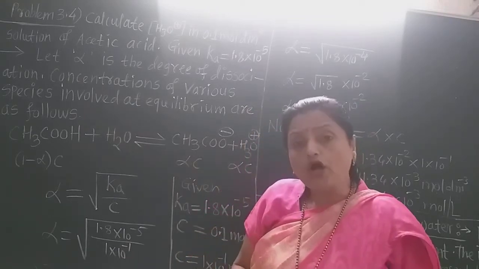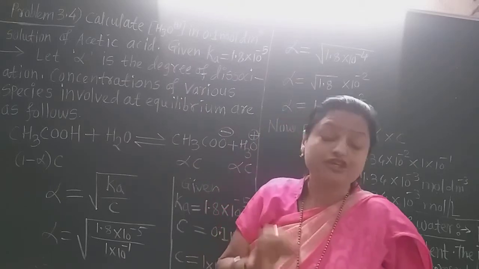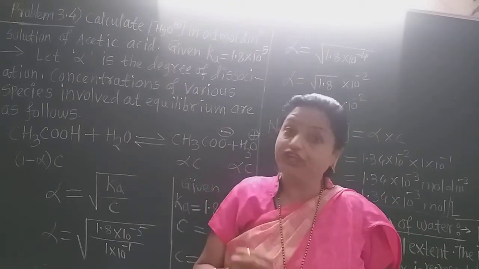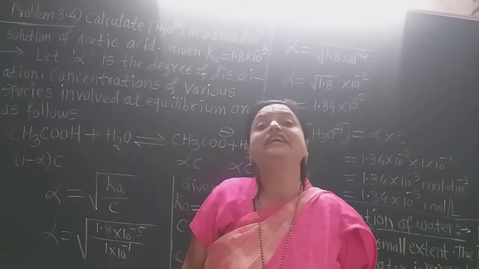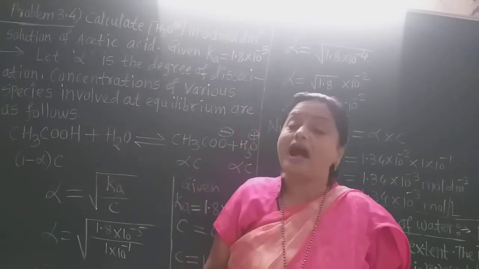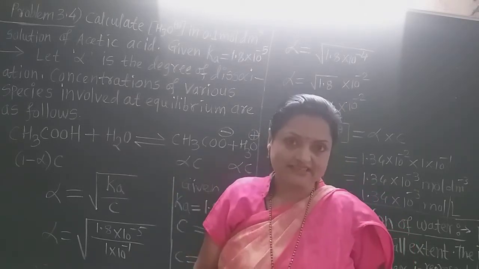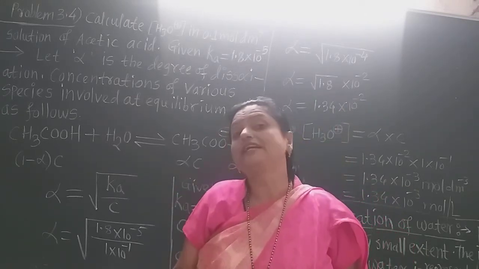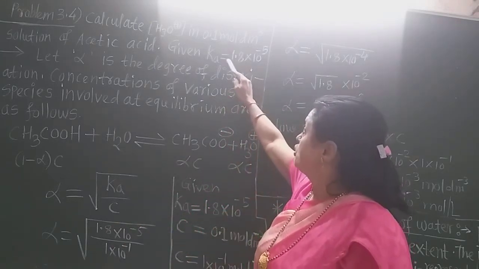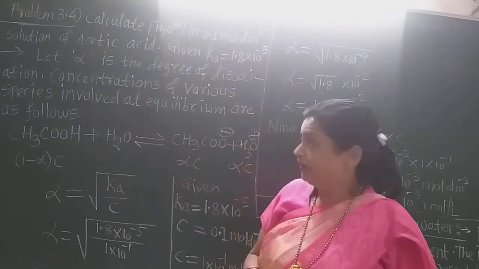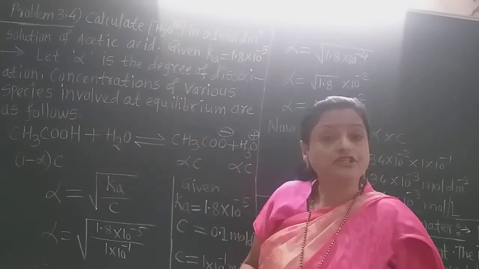Now, if we want to calculate the concentration of this hydronium ion, we require the alpha, that is the degree of dissociation, because we know that in case of a weak electrolyte, the concentration of ions is calculated by the formula alpha into C, that is degree of dissociation multiplied by concentration. Now here concentration is already given, 0.1 moles per decimeter cube, but alpha is not given.